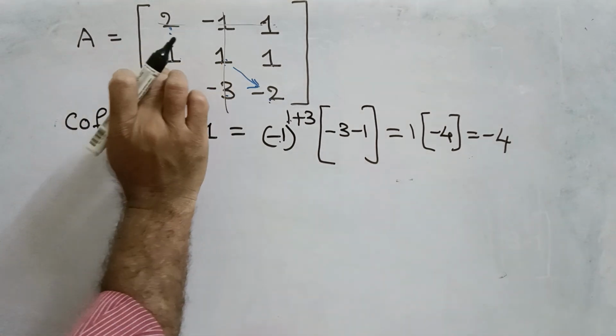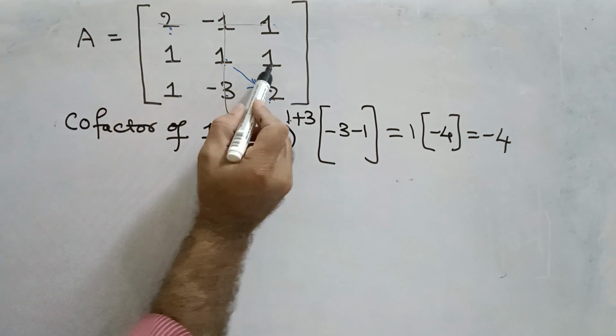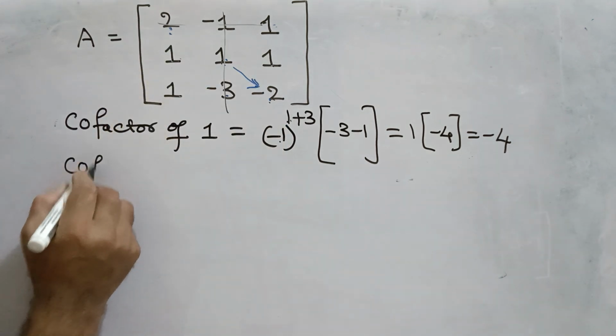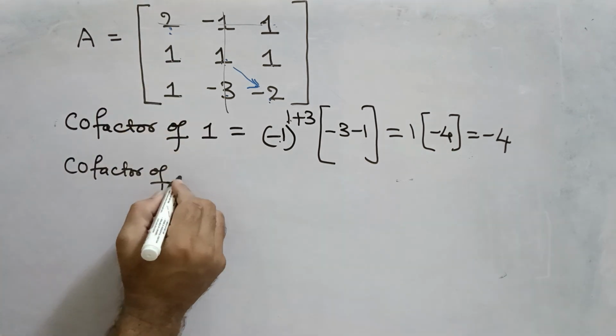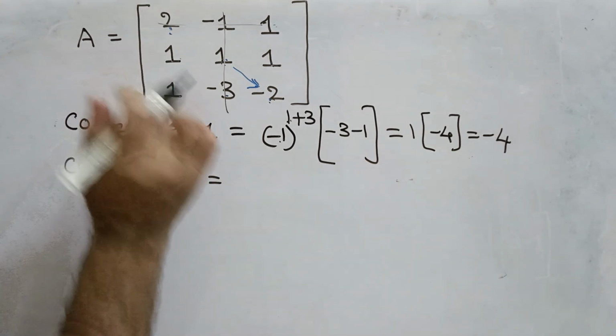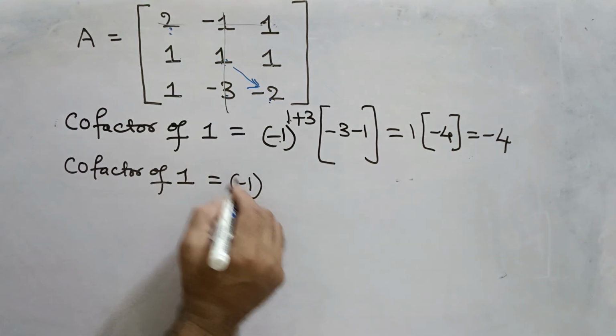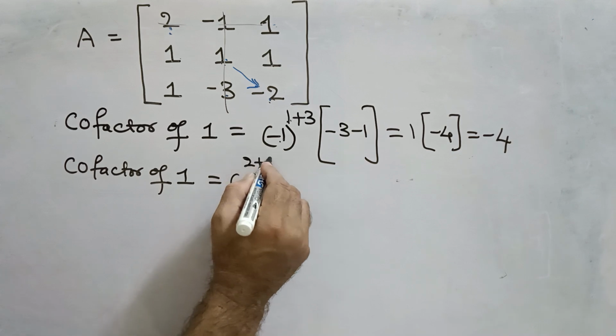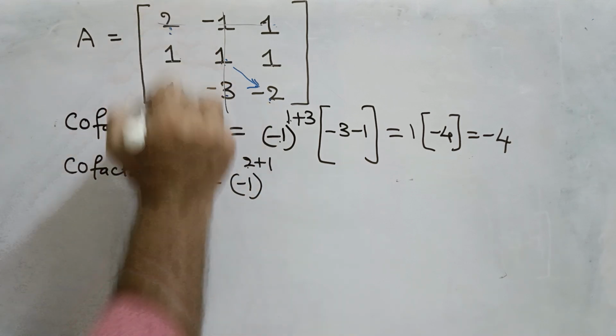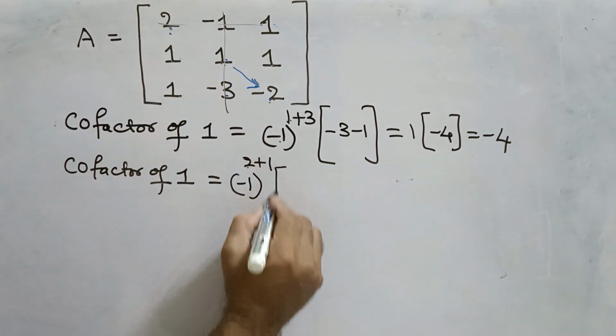Similarly, what is the cofactor of the first element of the second row? It is minus 1 whole power, second row, first column, 2 plus 1. This 2 indicates second row, first column.